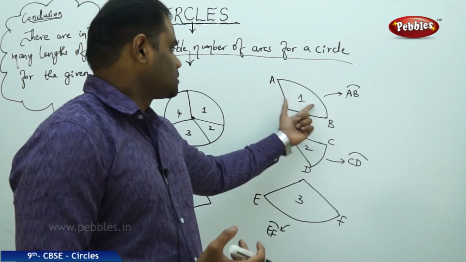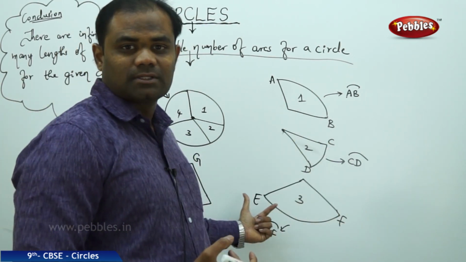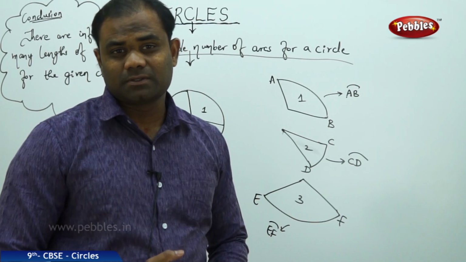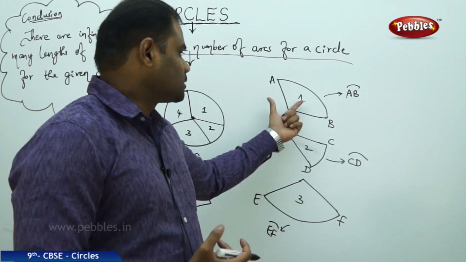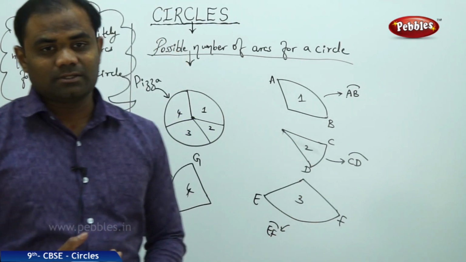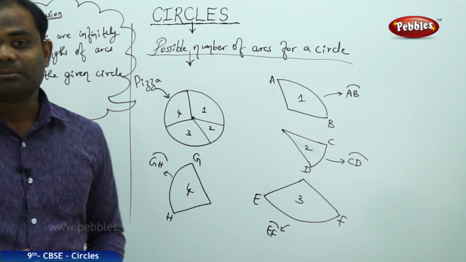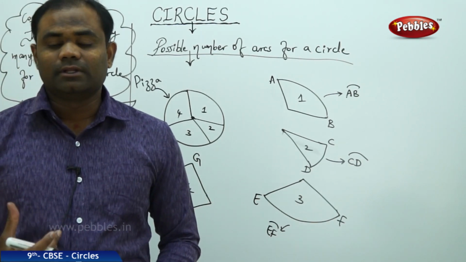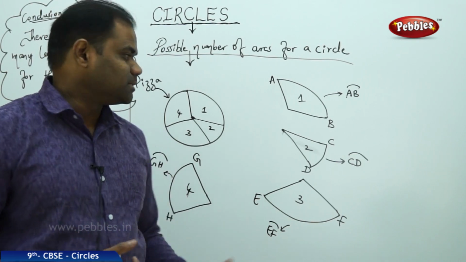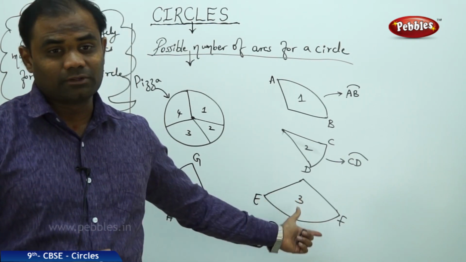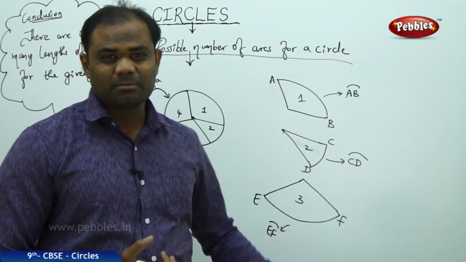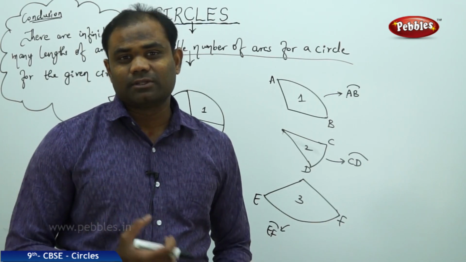Different arcs for different lengths of pizzas, different pieces of pizzas, is how we investigate that depending on the size of the pizza piece, the length of arc changes. Bigger the pizza piece, bigger is its length of arc. Smaller the pizza piece, smaller is its length of arc.